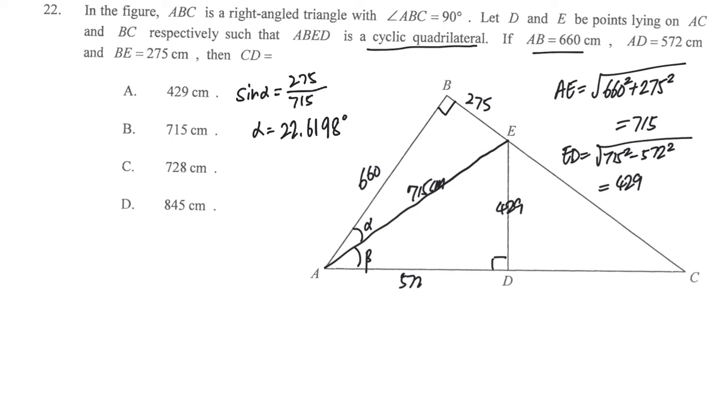We normally take a few more digits. For beta, we can use sine again. Sine in this case would be 429 over the hypotenuse 715, and that would give you the answer for beta, which is 36.8698.